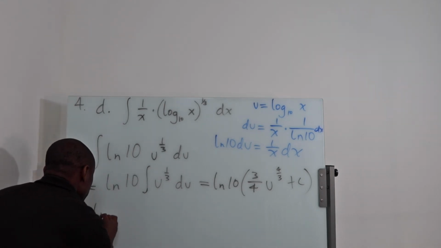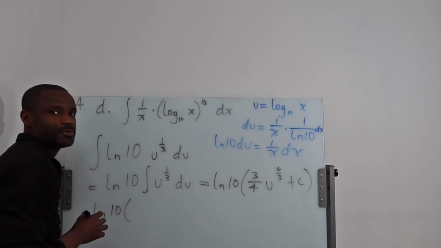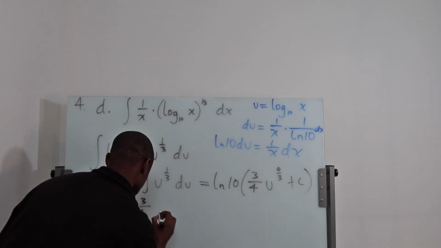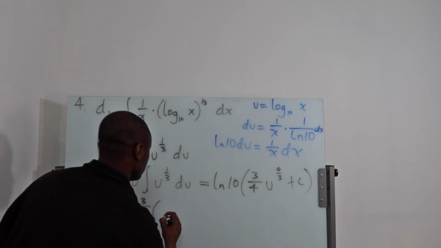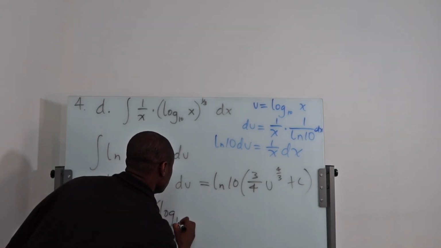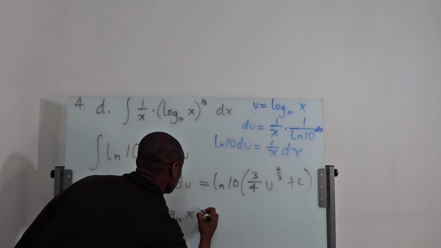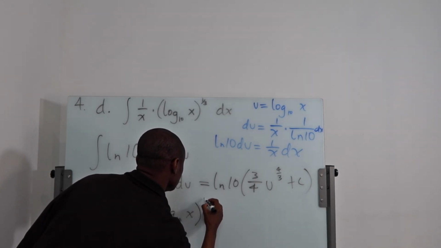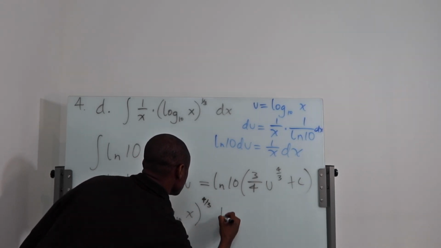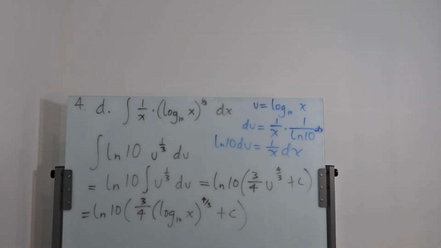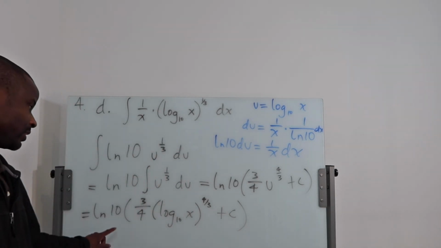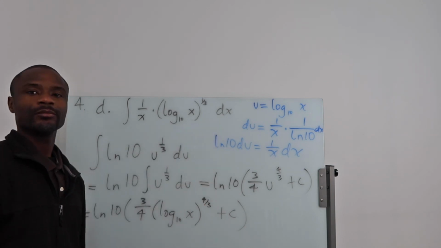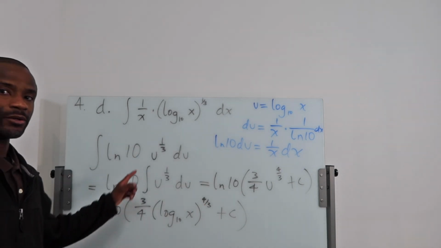That equals the natural log of 10 times 3/4. Now let's back substitute for u. Log base 10 of x to the 4/3 plus c. And if we went ahead and differentiated this solution, we will see it gives us our original integrand back.